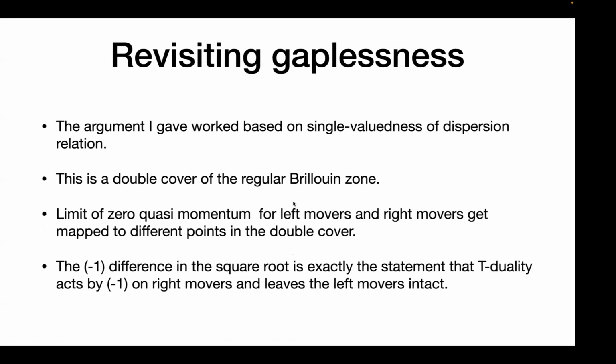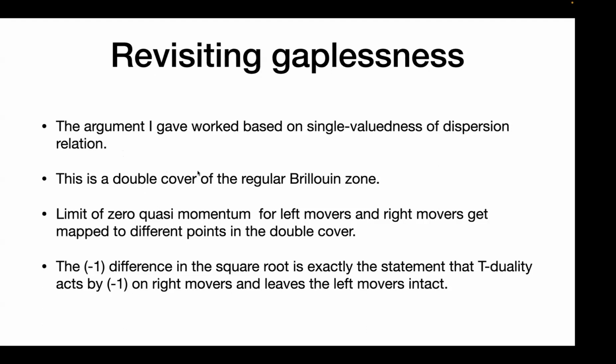So if we revisit the gaplessness story, the argument I gave was based on single-valuedness of the dispersion relation, but this is really in secret a double cover of the regular Brillouin zone, because translation by 1 in the XP lattice becomes translation by 2 in this system. So this double cover means that when I go to the half P, this is acting by one value on the left movers, and by a different value on the right movers.